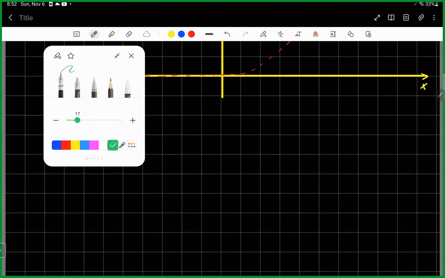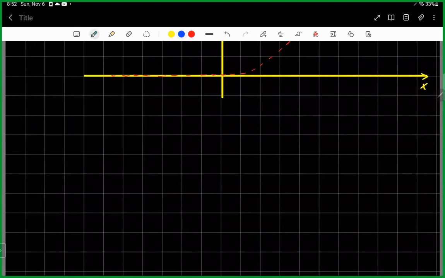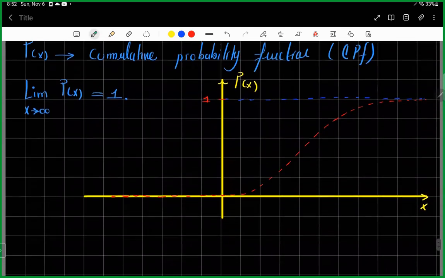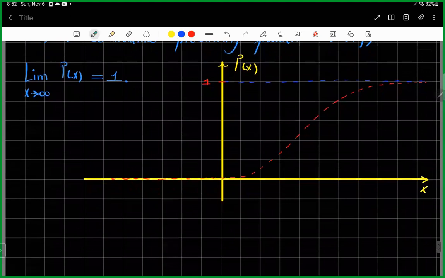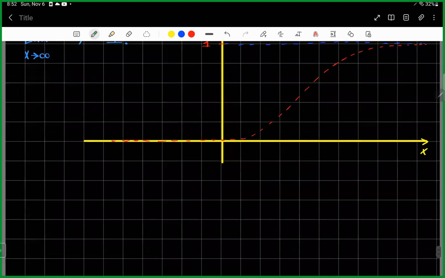Now let's do this. What about the probability density? The probability density function, how does it relate to this cumulative probability function? The probability density will be the derivative of the cumulative probability distribution.